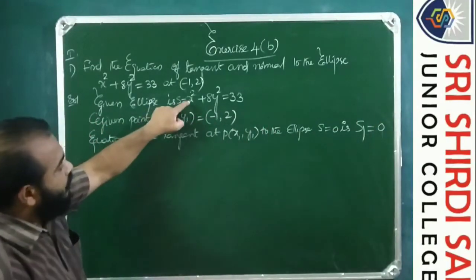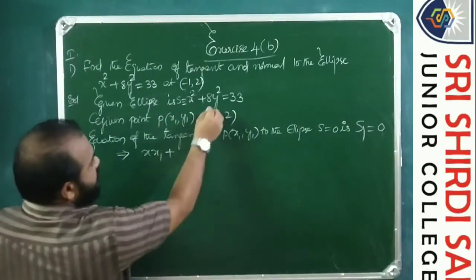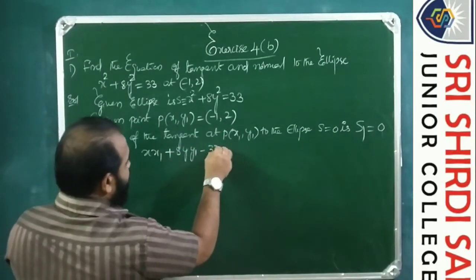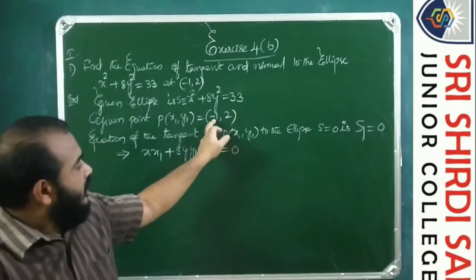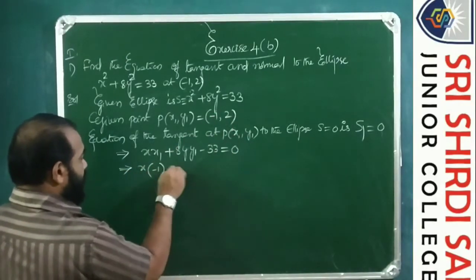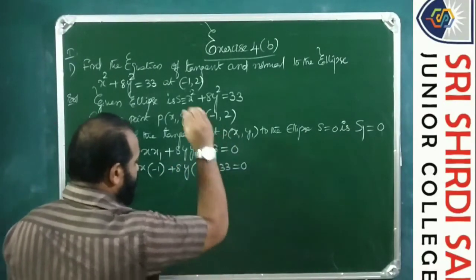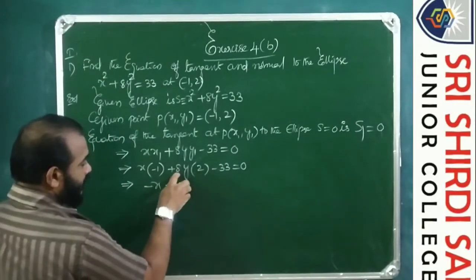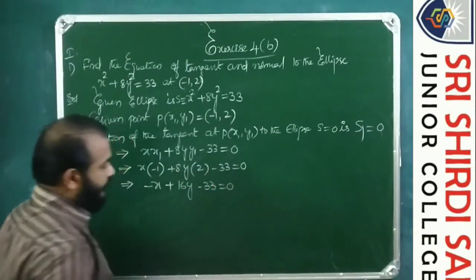So what is the notation of S1 for this? x x1 plus 8 y y1 minus 33 equals 0. The point (x1, y1) is (minus 1, 2). Substitute: x into minus 1 plus 8y into 2 minus 33 equals 0. This is minus x plus 16y minus 33 equals 0.